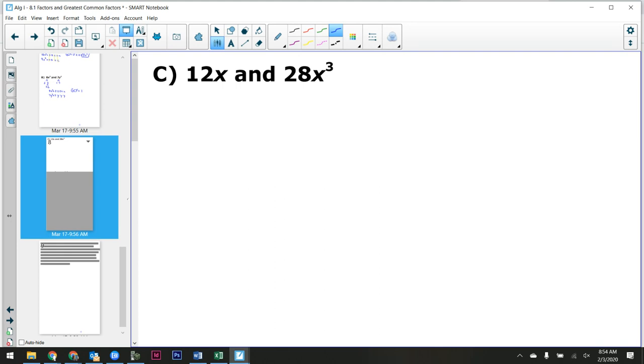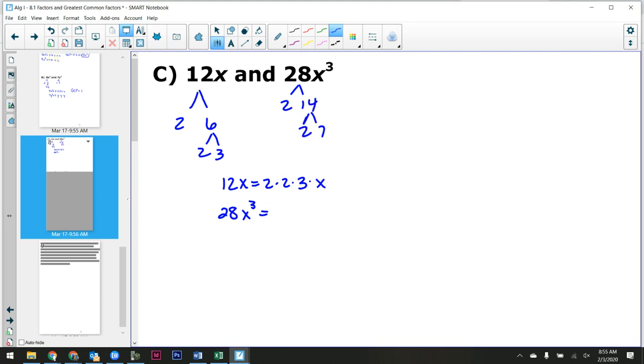Okay, so we now look at my GCF here by looking at the prime factorization of each part. So here is 2 and 6 and 2 and 3. So we'd say 12x is going to be 2 times 2 times 3 times x, right? 28x to the third, well, 2 and 14 and then 2 and 7, right?